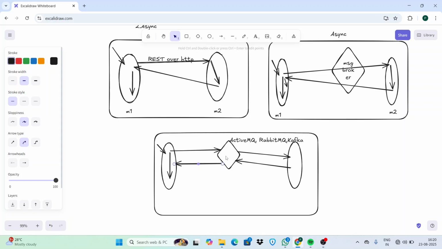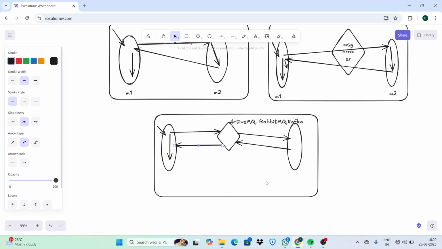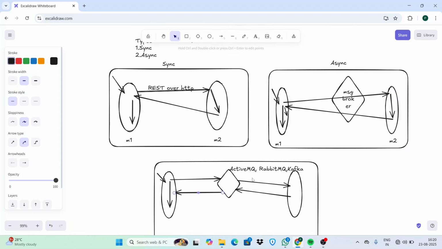And when the caller microservice gets available, it gets the reply. So this is asynchronous communication.